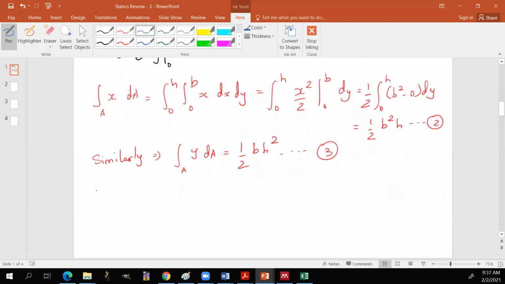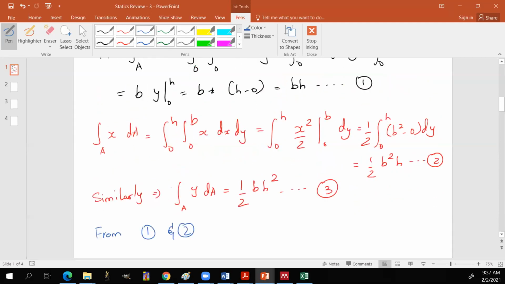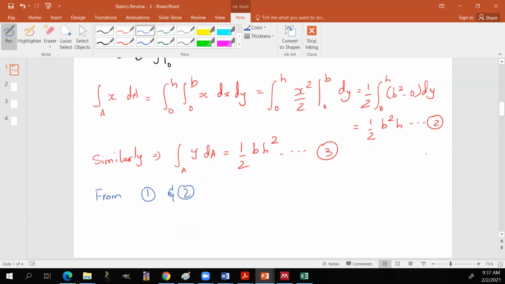So from expressions 1 and 2, where 1 is for the area and 2 is for the x, you see that the location of your centroid for the x location is just equal to half times b squared h divided by bh.